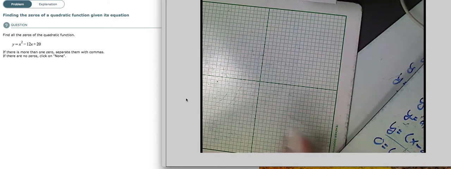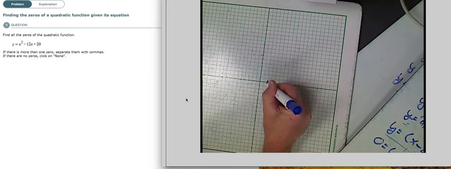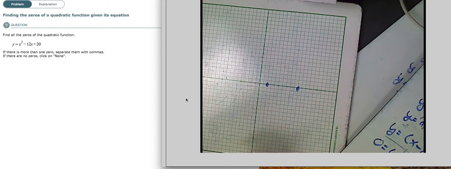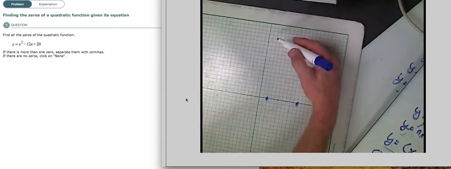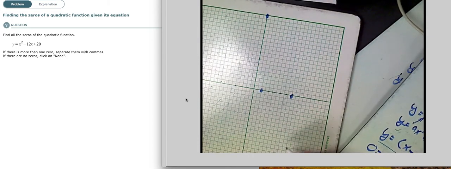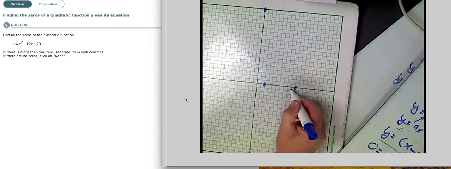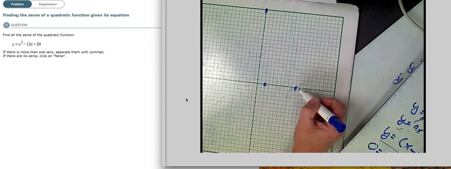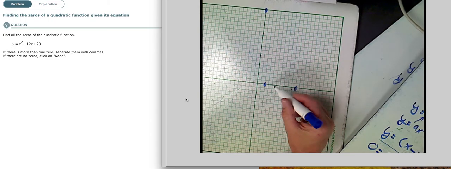So I'm going to come over here. x equals 2 occurs right here, and x equals 10 occurs right here, and the y-intercept of 20 is right there. Now, based off where these two x-intercepts lie, I know that my vertex is going to be halfway in between.